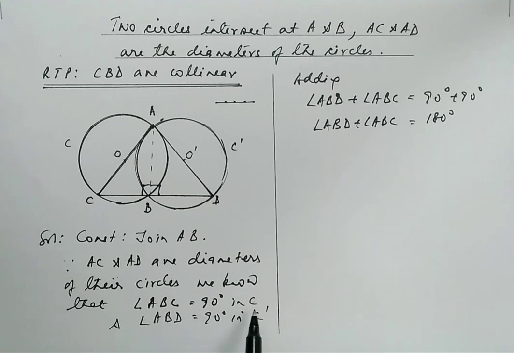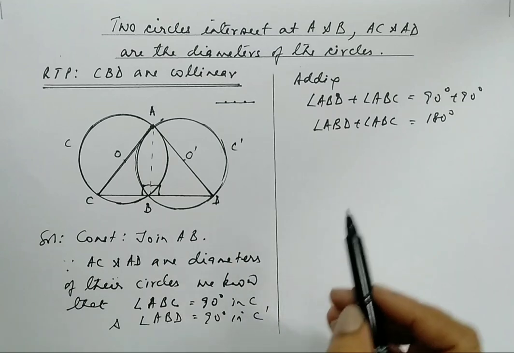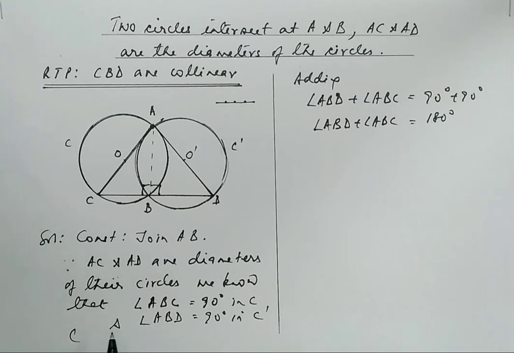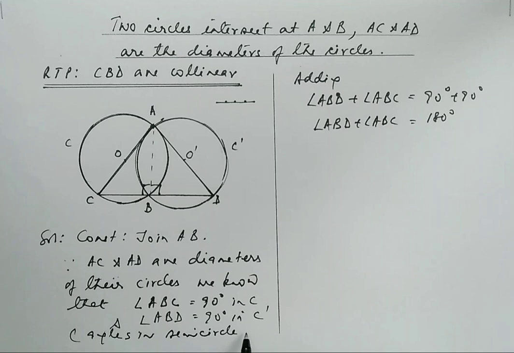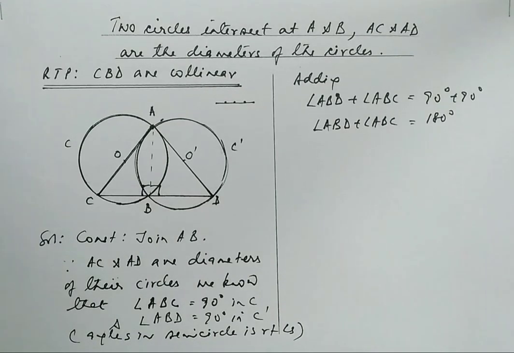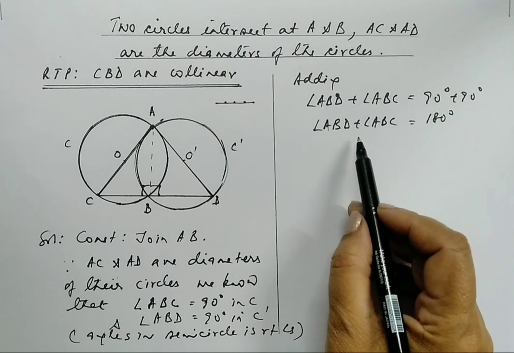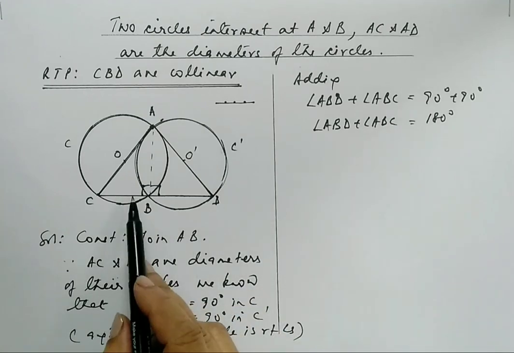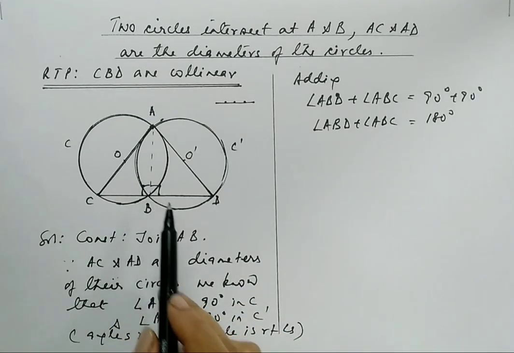Now, the reason behind this is, let me write the reason. The reason is angles in semicircles are right angles. Correct? So here we have both these two angles sum up to 180 degrees.